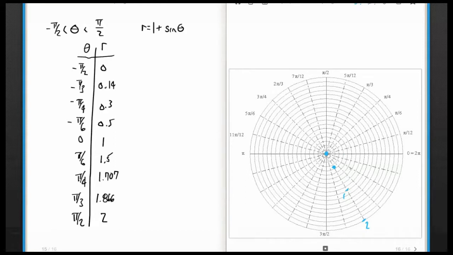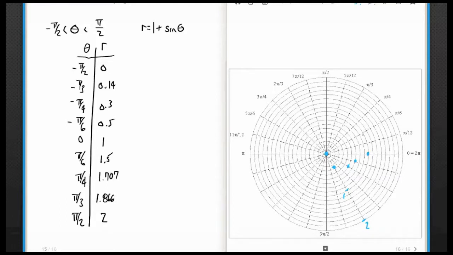And then negative pi by 4 is 0.3, so we'll make that 0.3 there. And then negative pi by 6 is 0.5, so that's there. And then at 0, my radius is 1, so where is 1? Right there.